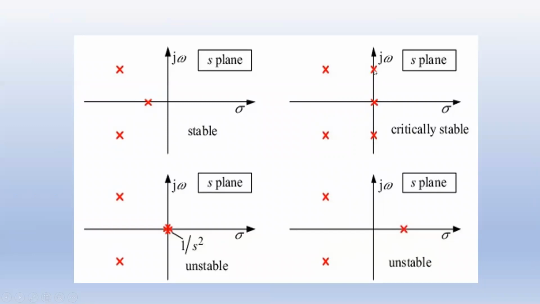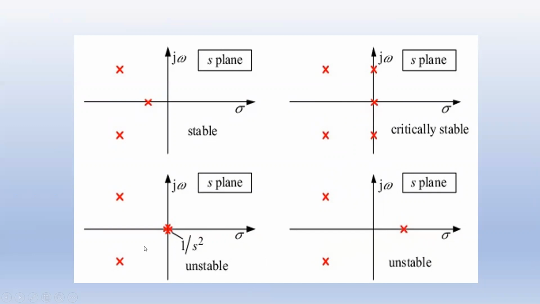In the second one, we have two poles in the left half plane and one pole on the imaginary axis, so that will be marginally or critically stable. So this is a critically stable system.